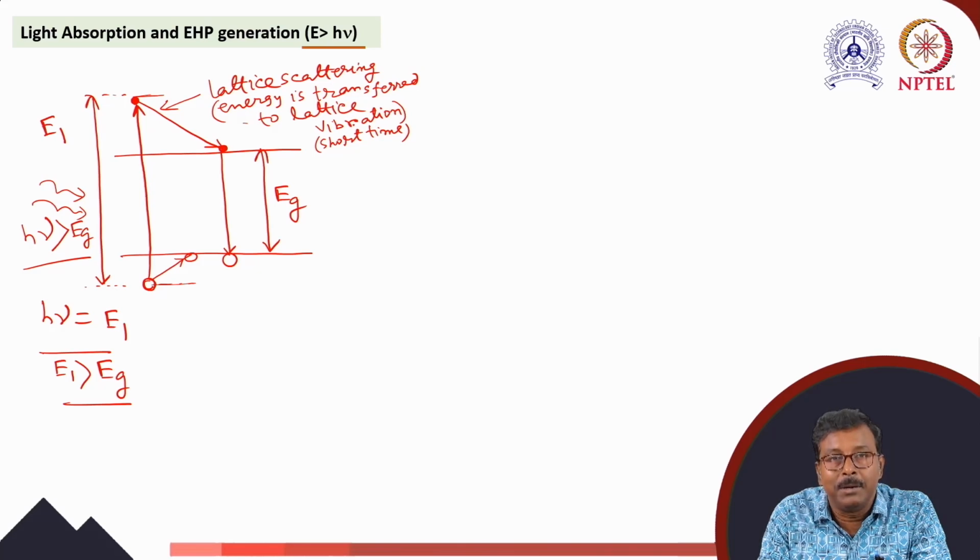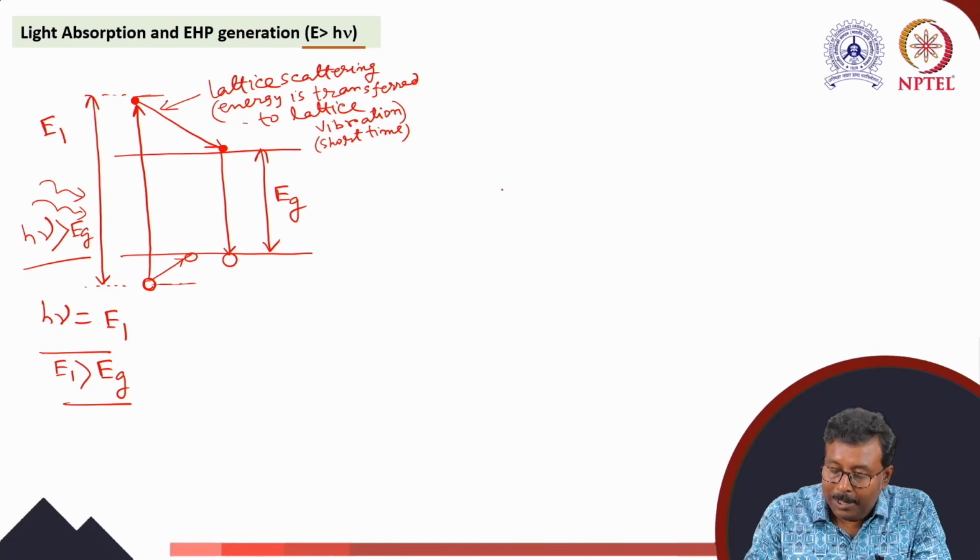It increases lattice vibration, and lattice vibration means heat. So energy can also be expressed in terms of heat energy. So the lattice temperature will increase in this process. We will show how the time is important, and how it is related to the rate of generation of electron hole pairs at steady state.